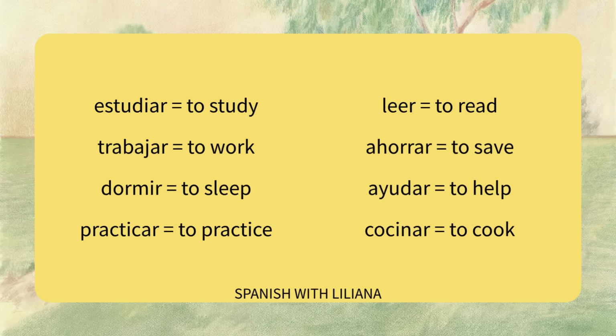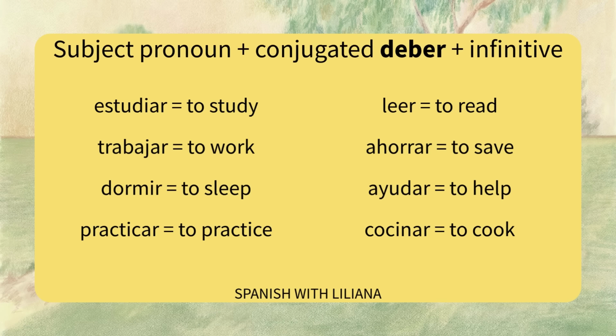Of course, you can use any of the infinitive verbs that you want to use, but just remember that the structure is the personal pronoun, the conjugated deber verb, plus an infinitive verb. And again, you can use these in the different verb tenses. You just have to learn how to conjugate deber to the past, the future, the conditional, but the structure remains the same. Pronoun, the conjugated deber verb, plus an infinitive verb.